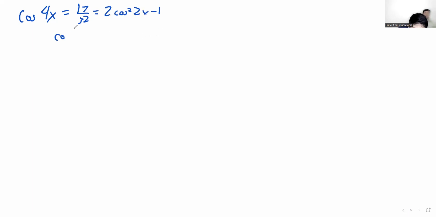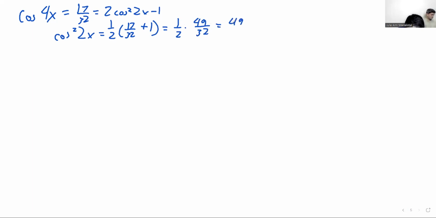Then cos squared 2x is equal to 17 over 32 plus 1, over 2, which gives 49 over 64. So cosine 2x is equal to plus or minus 7 over 8.